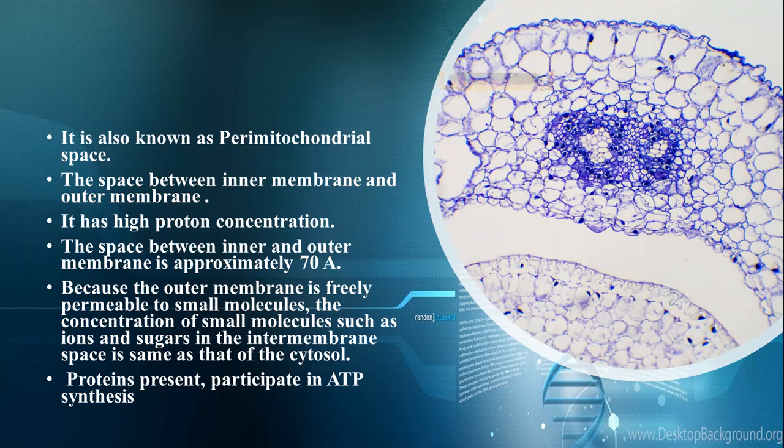Because the outer membrane is freely permeable to small molecules, the concentration of small molecules such as ions and sugars in the intermembrane space is the same as that of the cytosol. Proteins present participate in ATP synthesis.